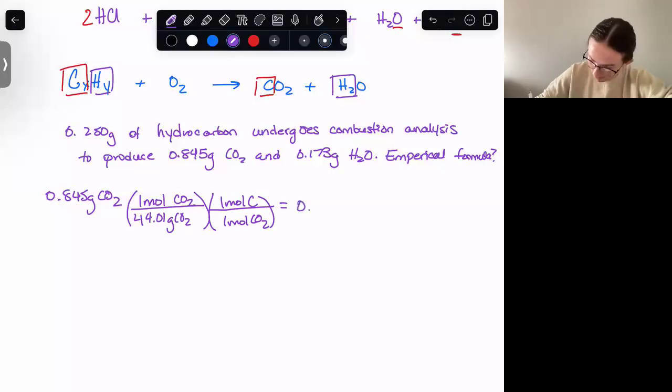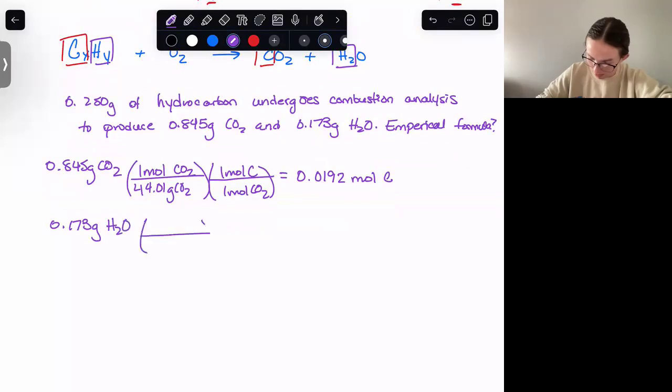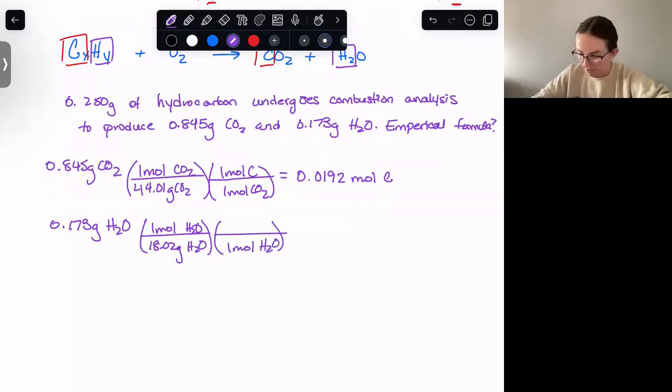So this is this many moles of carbon. You're now going to do the same thing for your water. This time though, in every 1 mole of water, we have 2 moles of hydrogen.